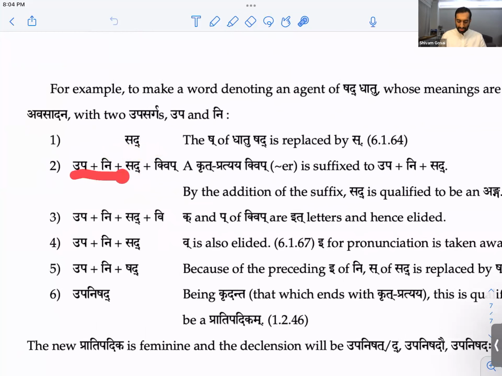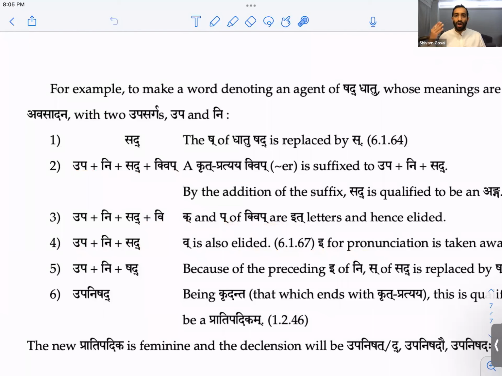So upani and sad, these upasargas plus the dhatu sad, and we're adding kvip. First, the ka and pakara are it letters, so they're removed. So you're left with va. But then this va is also taken away, because it's a zero pratyaya, meaning that you're just left with upanisad.